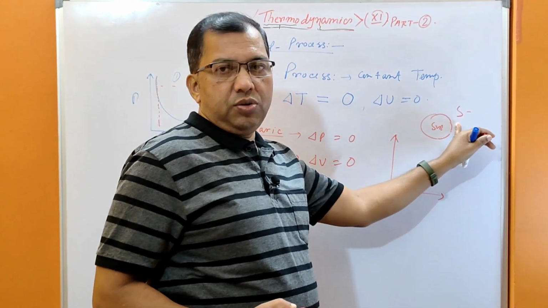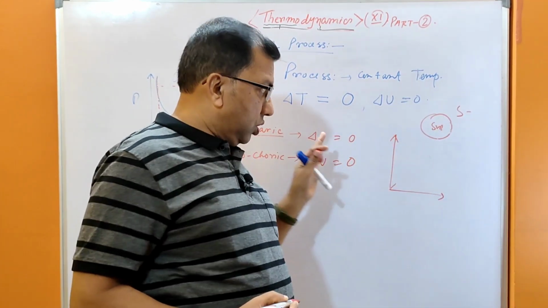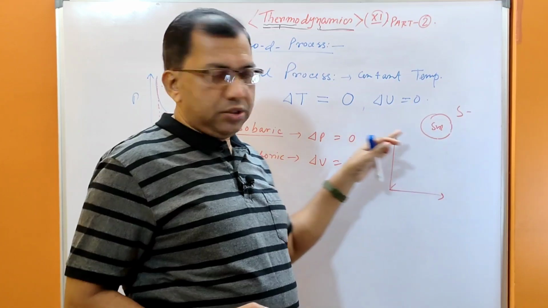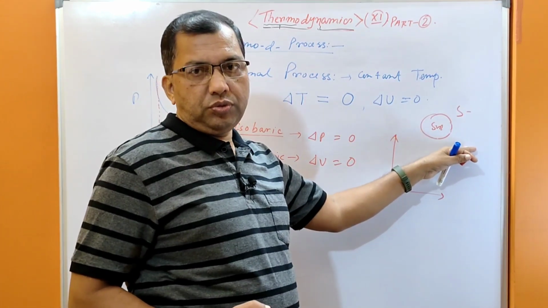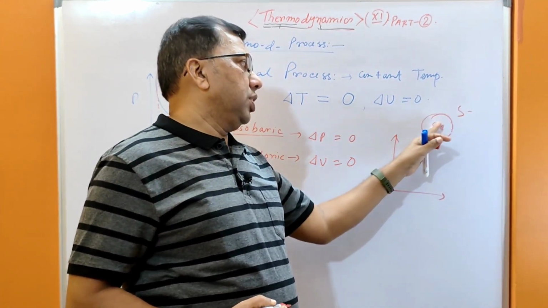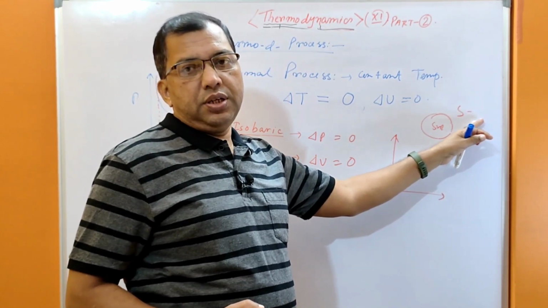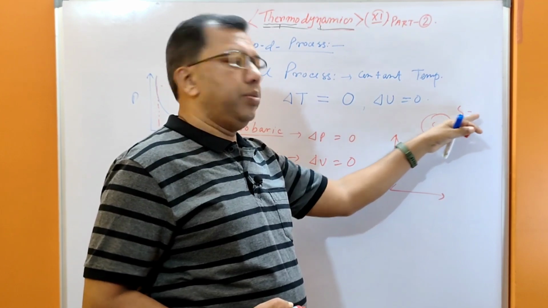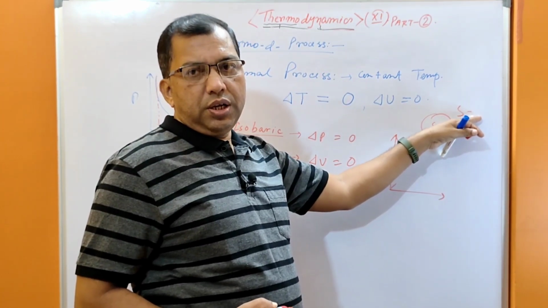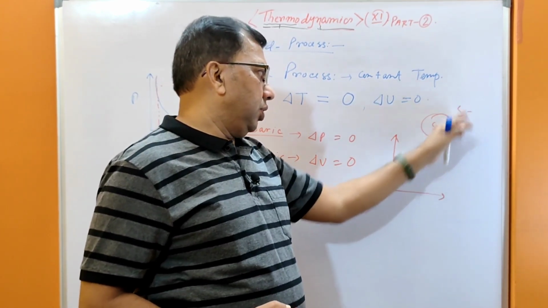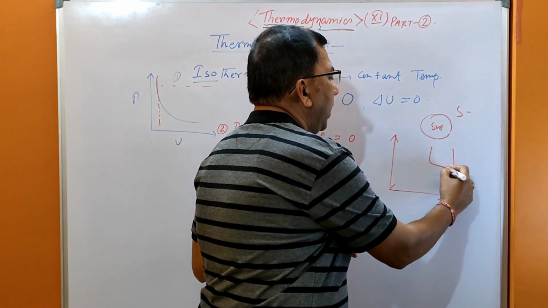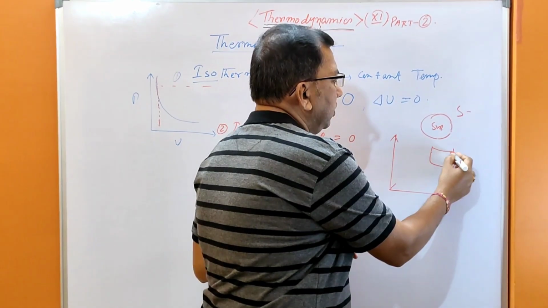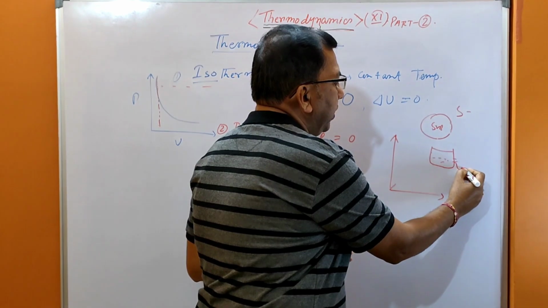That wall resists the transport of heat between the system and the surroundings. This wall is known as the adiabatic wall.